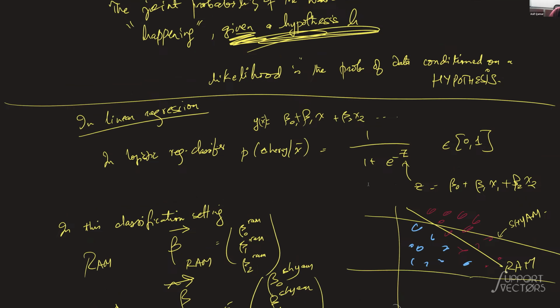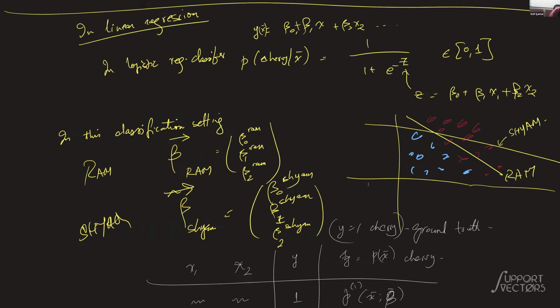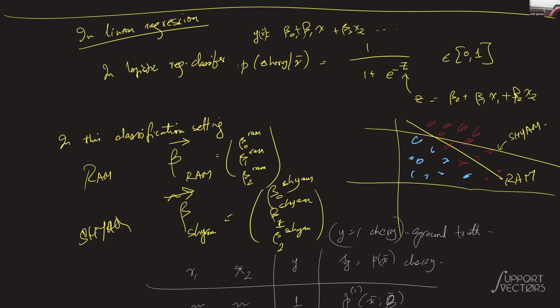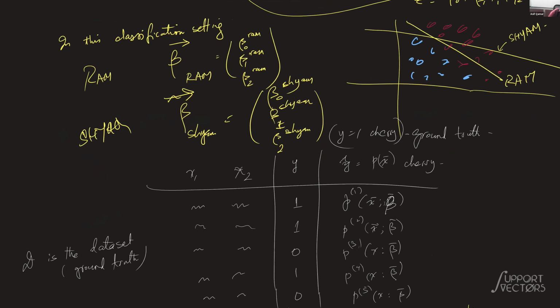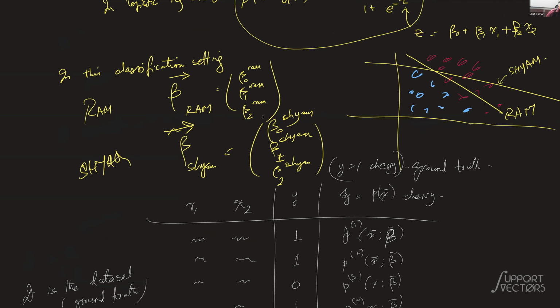So we looked at it and said that in logistic regression, this is our equation. So we need to pick the set of parameters, but now they are not Ram and Shyam. There are infinitely many people, each with a different hypothesis. In other words, there's an infinite family of hypotheses. You can pick any point in this three-dimensional beta naught, beta 1, beta 2 space, and each point in the hypothesis world is a particular hypothesis.